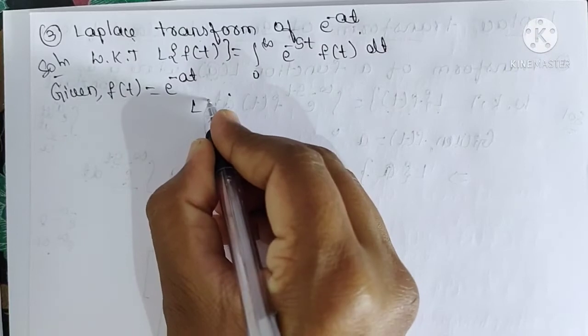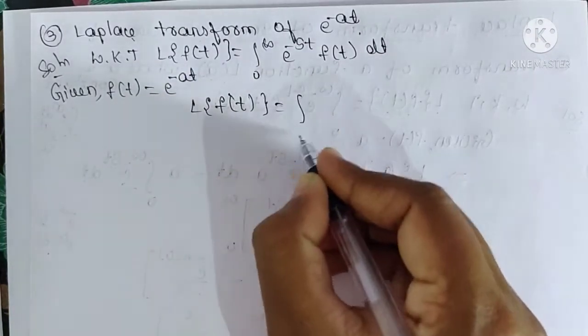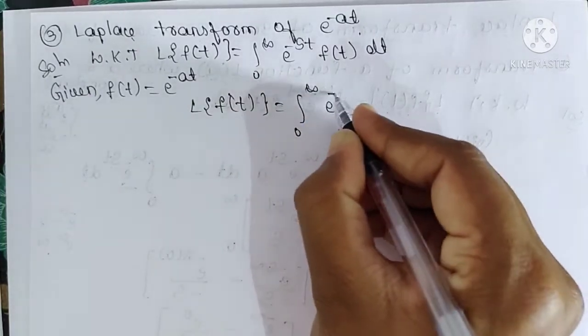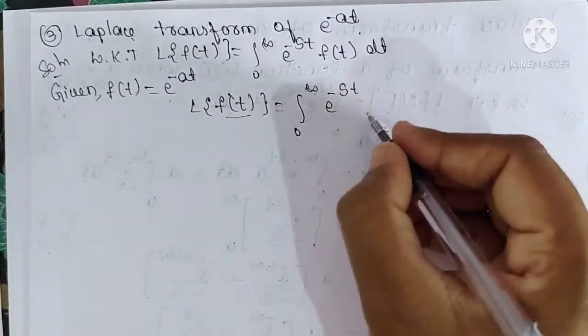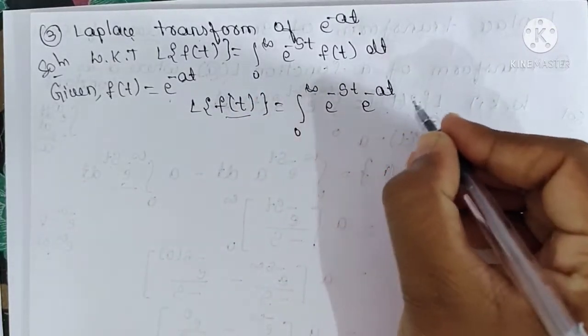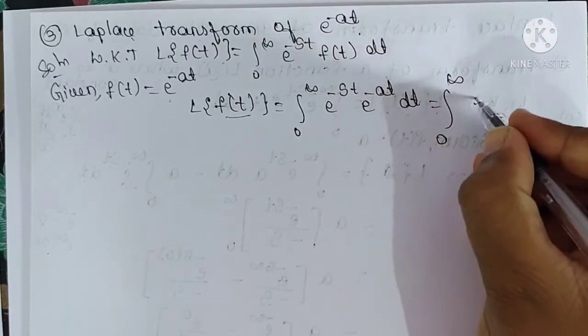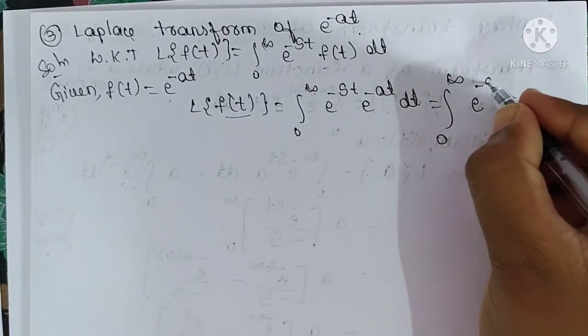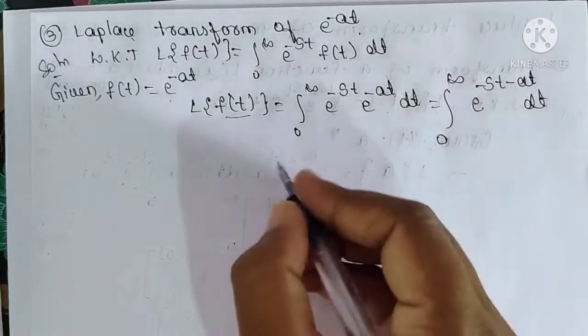Now L of f of t is equal to the integral from 0 to infinity of e power minus st times the given function, e power minus at, dt. This can be written as the integral from 0 to infinity of e power minus st minus at dt.